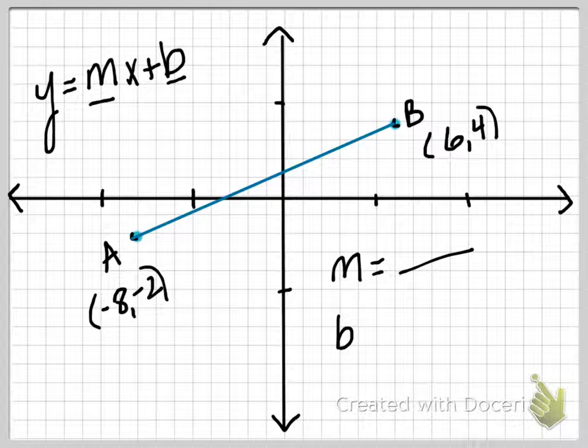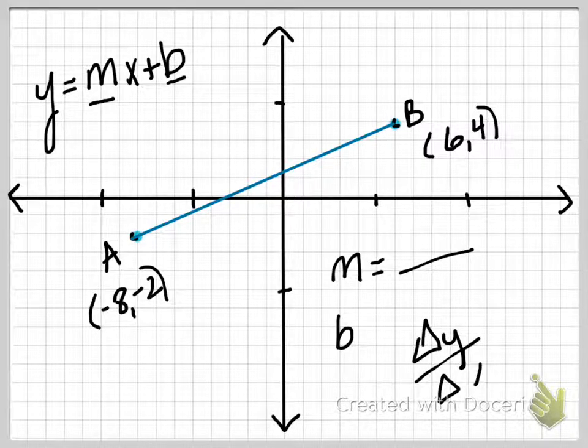Well, slope is a ratio of the change, and we'll use the symbol delta: change in y over the change in x, also known as delta y over delta x. All that really means is we have to calculate how much our y coordinate changes from one point to the other. Really very simple if you think about it.